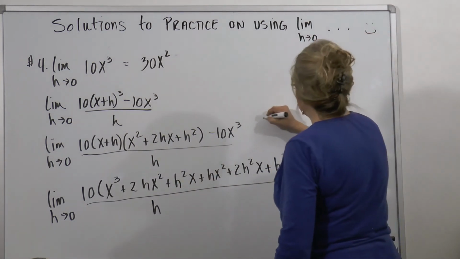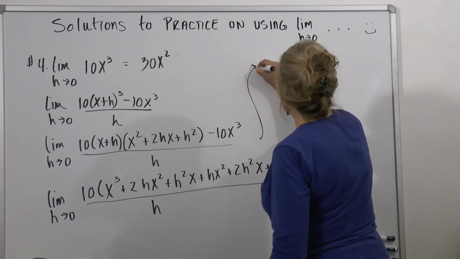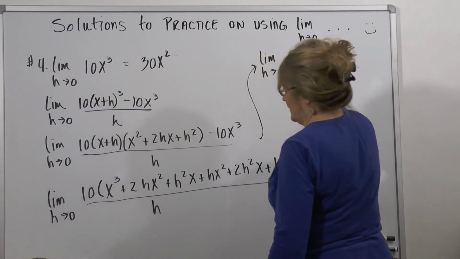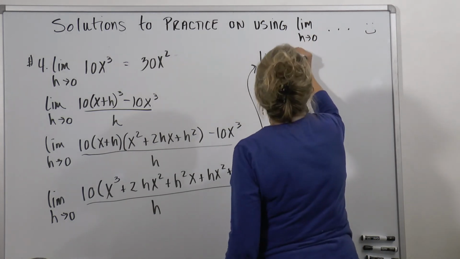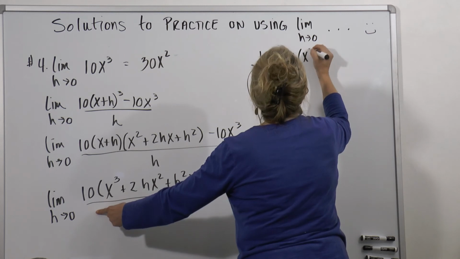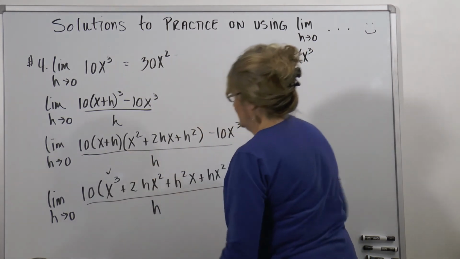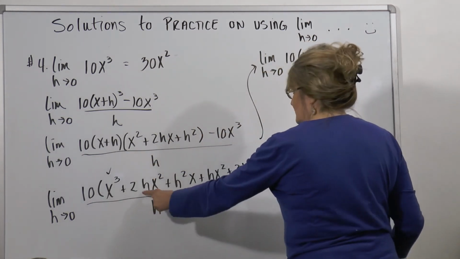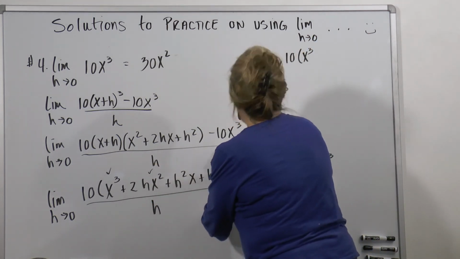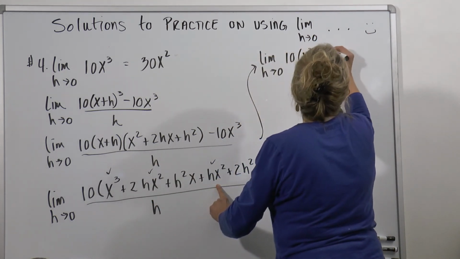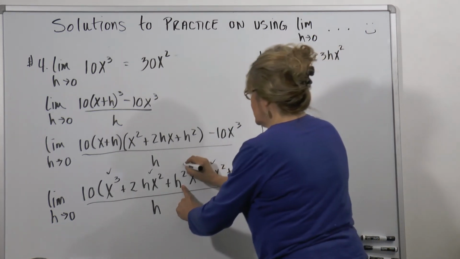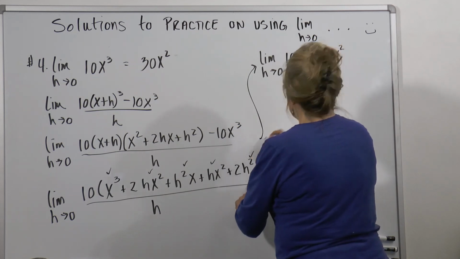So now I'm just going to combine like terms. Okay, so we have our limit as h goes to 0. We have an x cubed. Check. Okay, hx squared, there's two of those, and here's another hx squared, so that gives me 3hx squared. Then I have h squared x and 2h squared x.